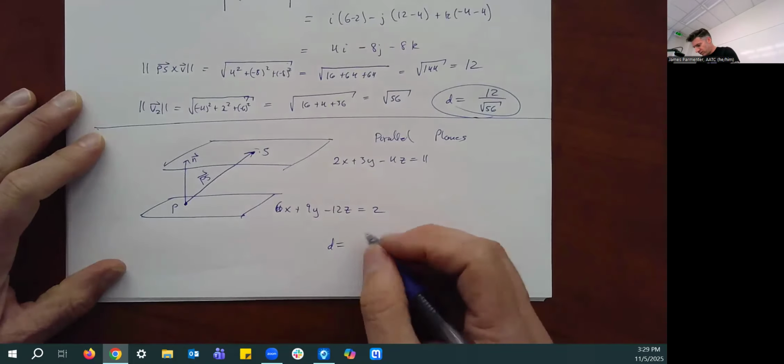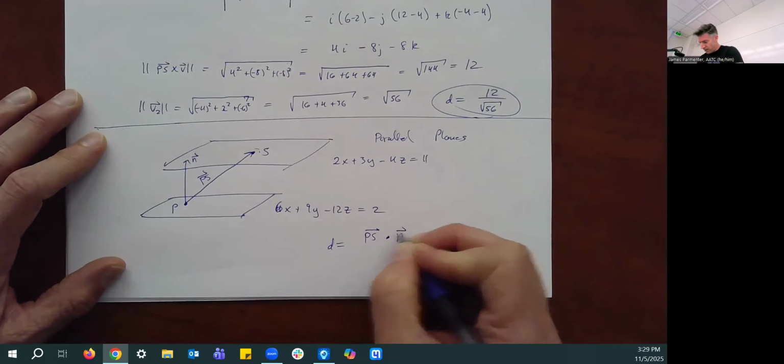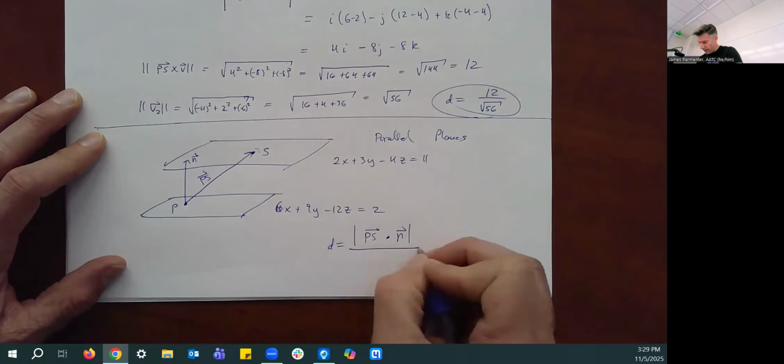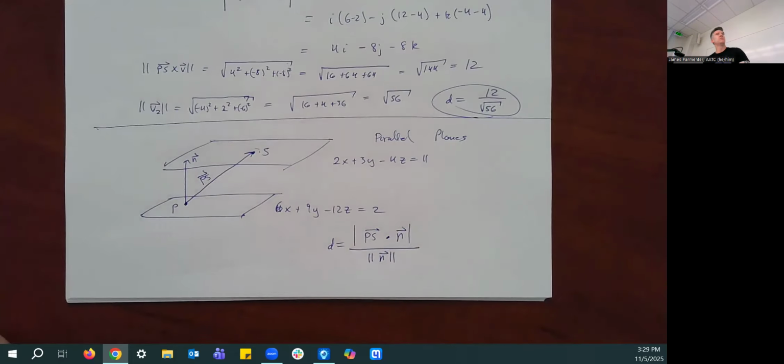So it's going to be PS dotted with the vector n, absolute value of that, divided by the magnitude of your normal vector. Cool. I'm just happy I remembered stuff.